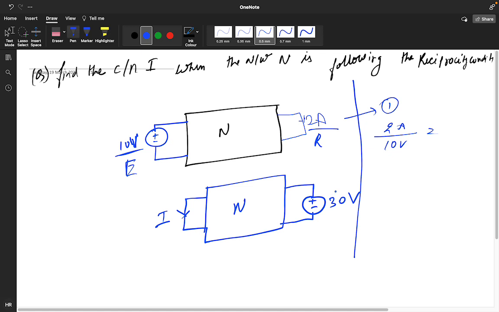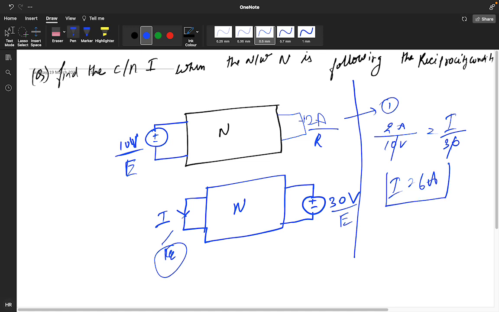In this particular network, we are assuming this is our excitation and this is our response. The voltage part will be excitation. So response is I and excitation is 30. So you are getting I equals 6 ampere. How much voltage you are applying is your excitation, and the current you are getting is your response. So we are getting 6 ampere.